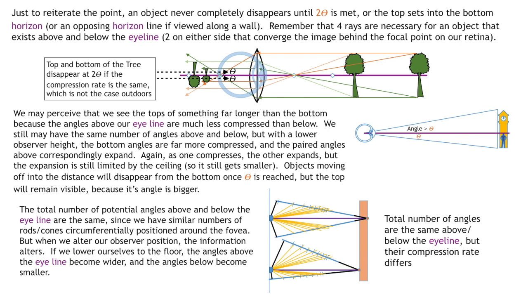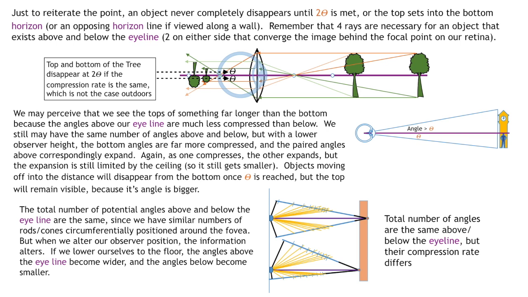Again, with our tree diagram here, I'm representing the top and the bottom of the tree disappearing at 2 theta, but that's if the compression rate is the same, which is of course not the case outdoors. You are closer to the ground than you are to the ceiling or sky. So we may perceive that we see the tops of something far longer than the bottom because the angles above our eye line are much less compressed than below.